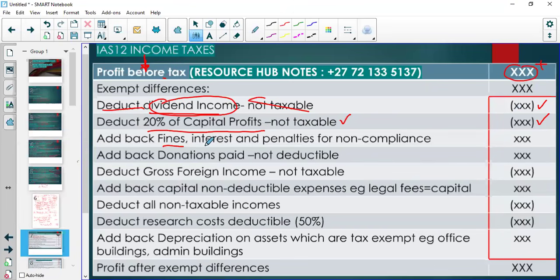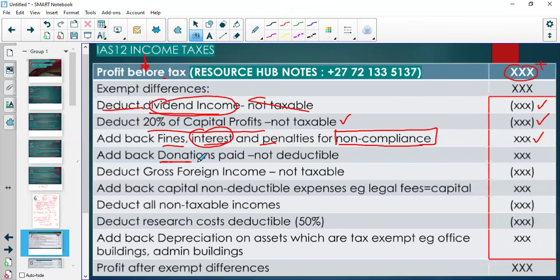Then any fines, interest, and penalties for non-compliance. This is not just any interest, not a finance charge. It's non-compliance. You are being penalized. This would have been deducted as an expense. It has to be added back. SARS says, no, you don't reduce your taxable amount with that amount.